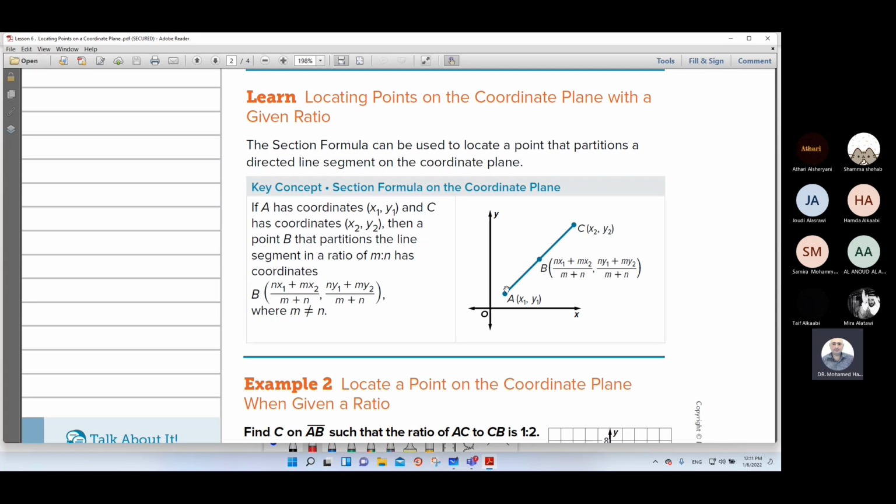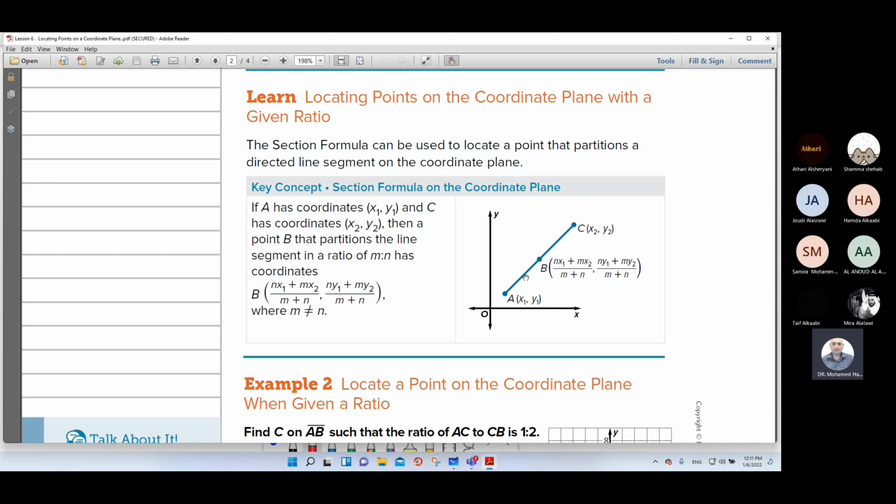So, as you see, we have segment, we have A and C. A means x1, y1. C means x2, y2. And B, this is the middle between A and C. How to find B? nx1 plus mx2 over m plus n, and ny1 plus my2 over m plus n.